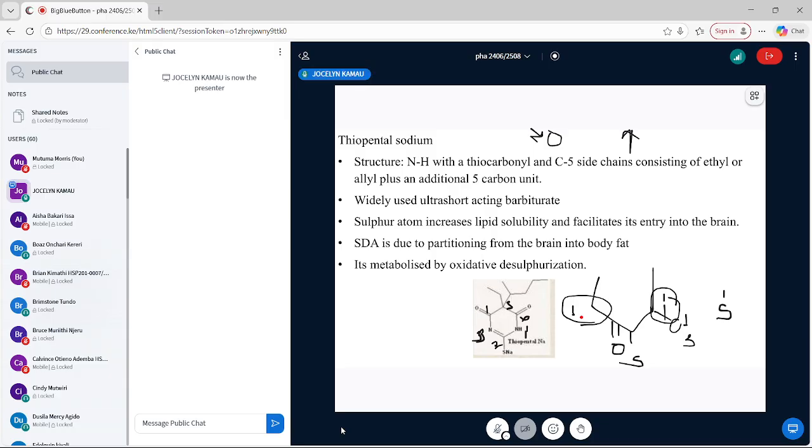In all barbiturates, for them to have any CNS activity, even if they are going to have anticonvulsant activity or sedative hypnotic activity, one of these nitrogens must carry a hydrogen. If you substitute that one methyl group and you substitute this one methyl group, that barbiturate has no activity.